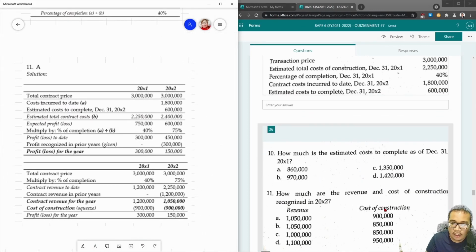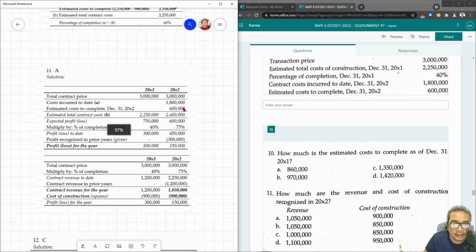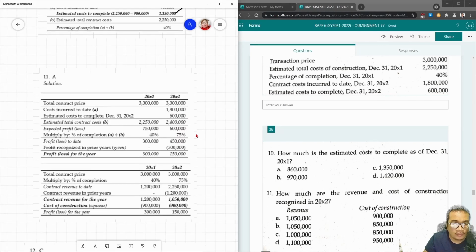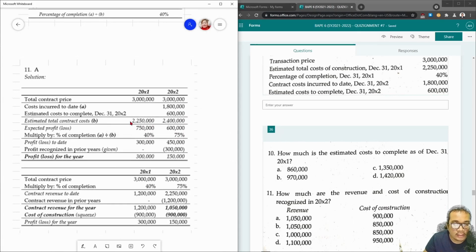Going to number 11, how much are the revenue and cost of construction recognized in 20x2? So, just do the table ulit, diba? 3 million contract price, cost incurred to date, diba? Gawin nyo na lang. To estimated total contract cost, 2,250,000, 2,400,000, kasi inadd mo lang 1.8600, diba?